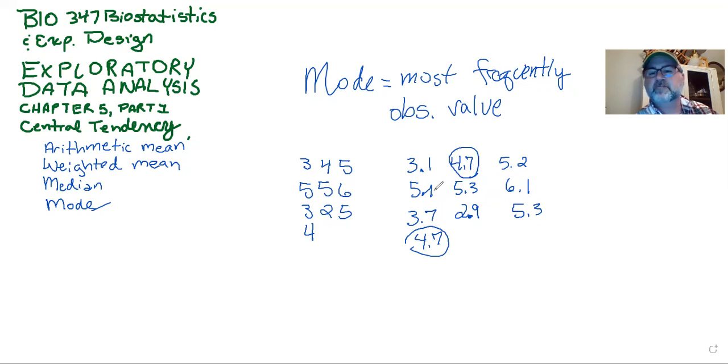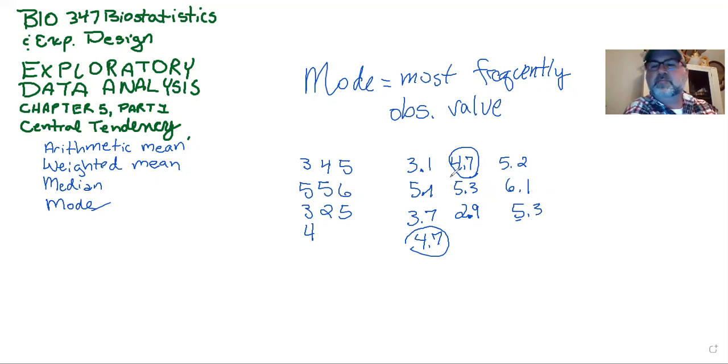It's no longer 5 because remember, it's the most frequently occurring value. And even though these have 5, right, in the first digit place, the 10th of a kilogram, none of them are the same.